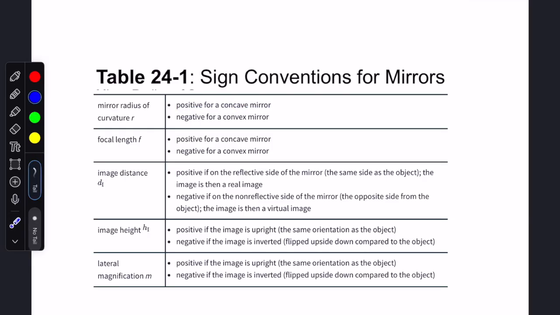It's positive for radius of curvature. Focal length is positive for a concave mirror. The image distance is positive if it's on the reflective side. It's negative if it's on the back of the mirror, the non-reflective side, then it's a virtual image. The image height is positive if it's upright, negative if it's inverted. And the magnification is positive if the image is upright, and negative if the image is inverted.